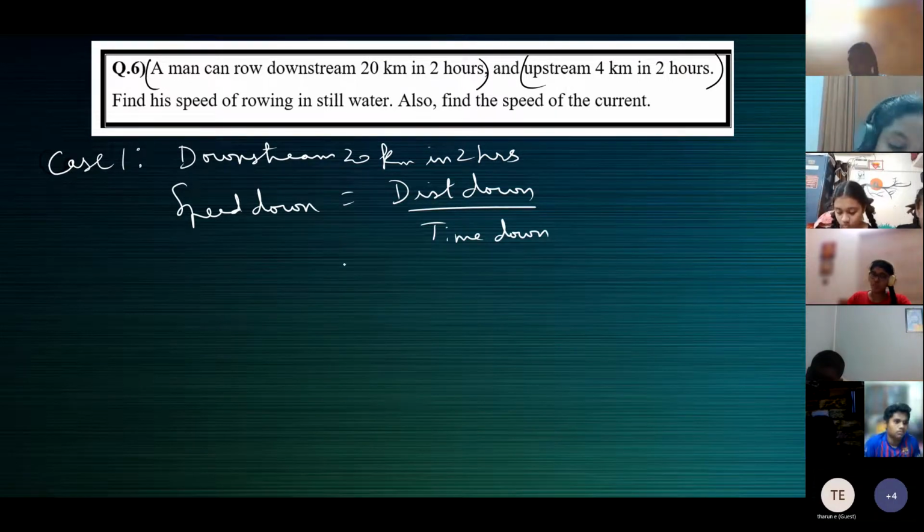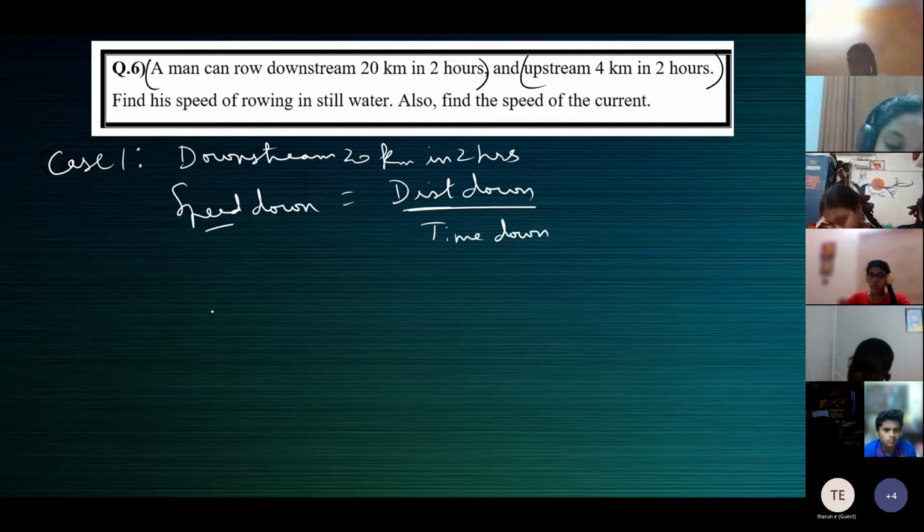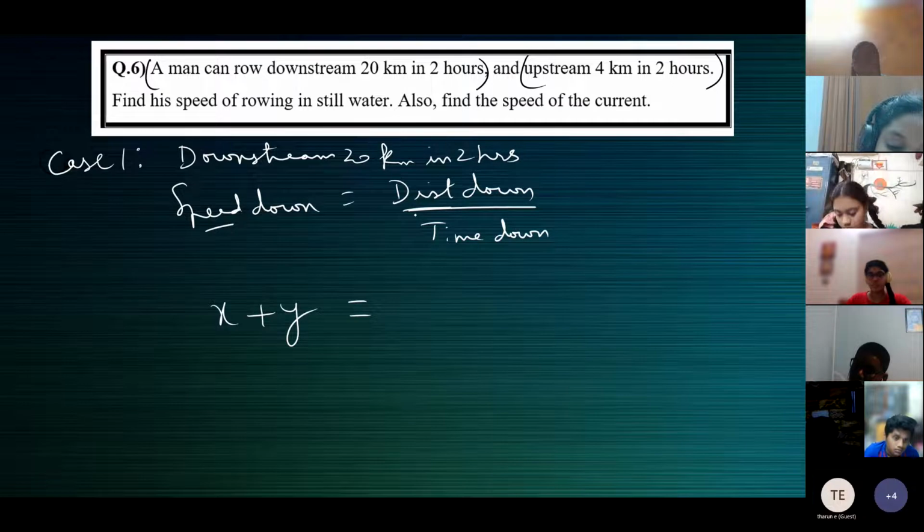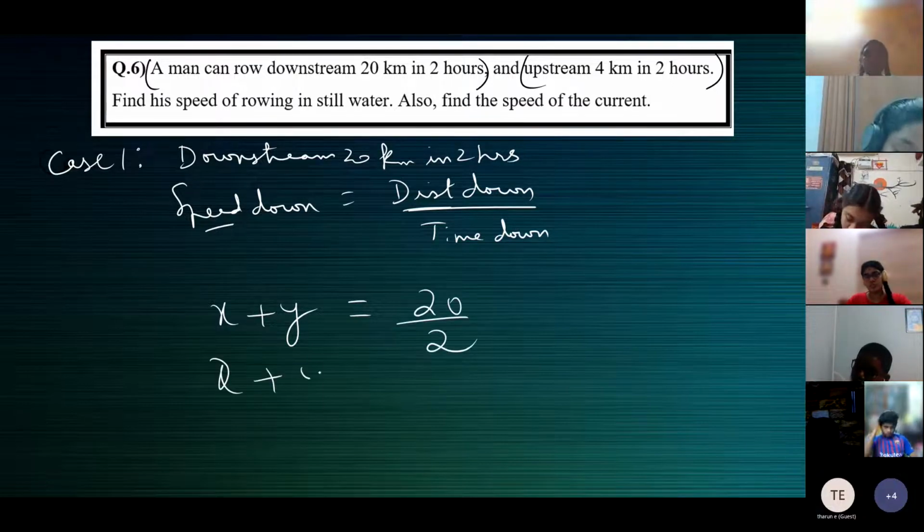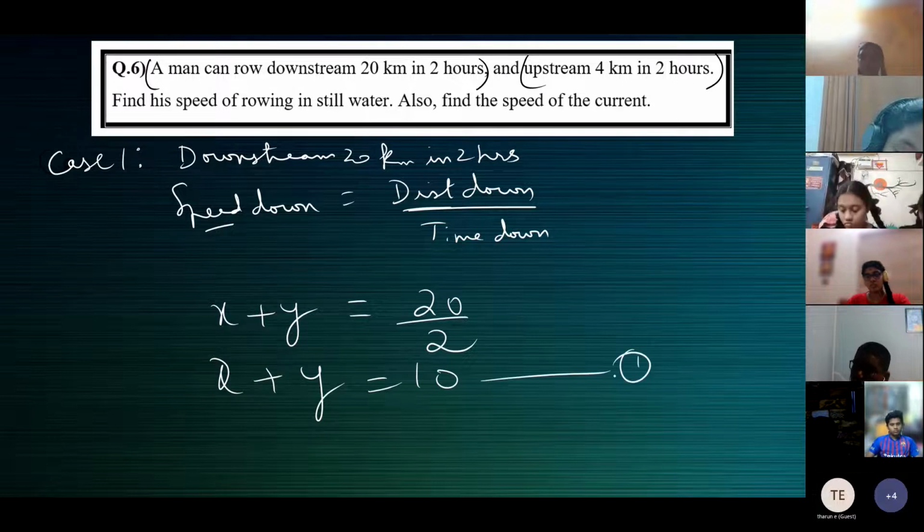Down is downstream. What is the speed downstream? x plus y is equal to, what is the distance covered downstream? 20 kilometers. What's the time? 2 hours. So we have an equation, x plus y is equal to 10. That's the first equation.